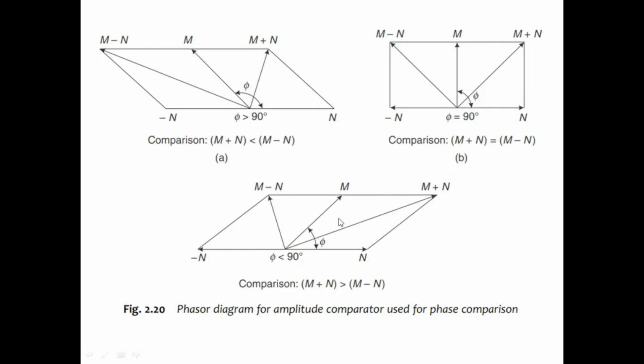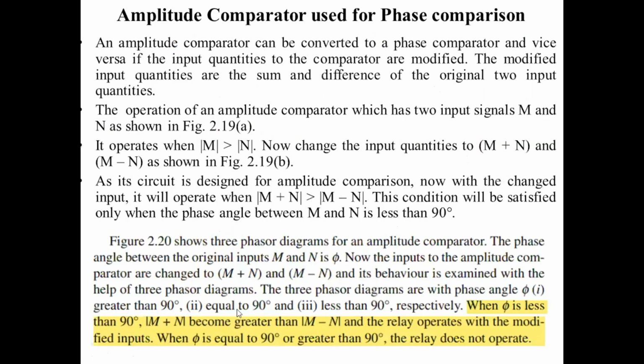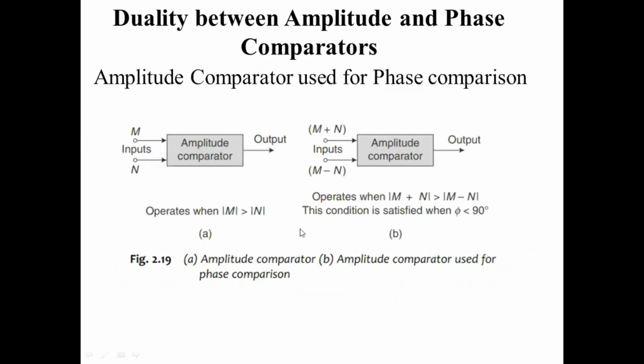This is your relay operating condition when this amplitude comparator acts as a phase comparator. So, when phi is less than 90 degrees, M plus N, the operating quantity, is greater than M minus N, and the relay operates. When phi is equal to 90 degrees or greater than 90 degrees, the relay does not operate. Okay, so this is the case when an amplitude comparator is used for phase comparison.